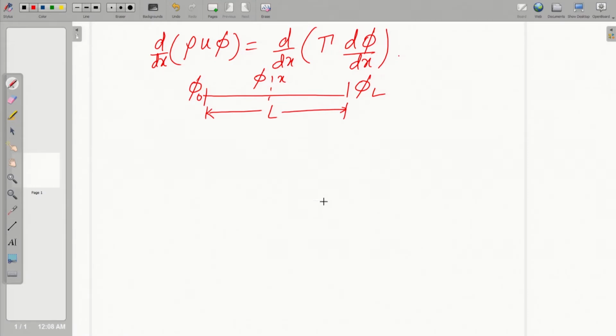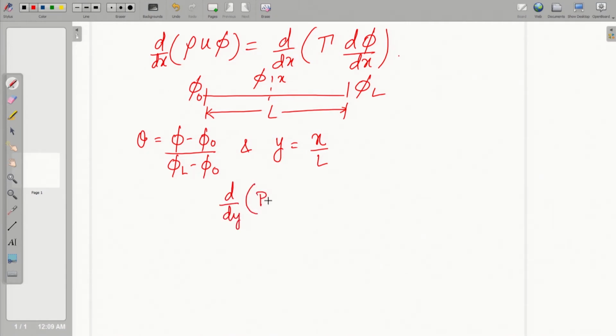For that, we can define a non-dimensional parameter theta, taking a clue from the solution, where this kind of term figures, and we non-dimensionalize the length by dividing the length scale x by the total length of the domain capital L. If you use these parameters, you can show that the governing equation can be reduced to a much simpler form, which looks like this.